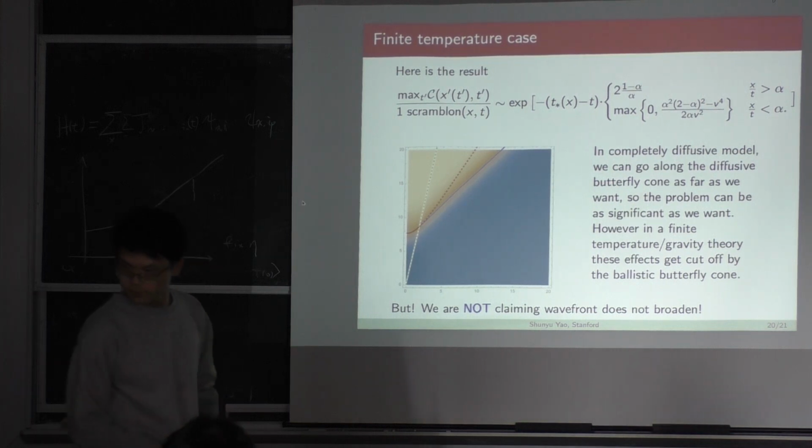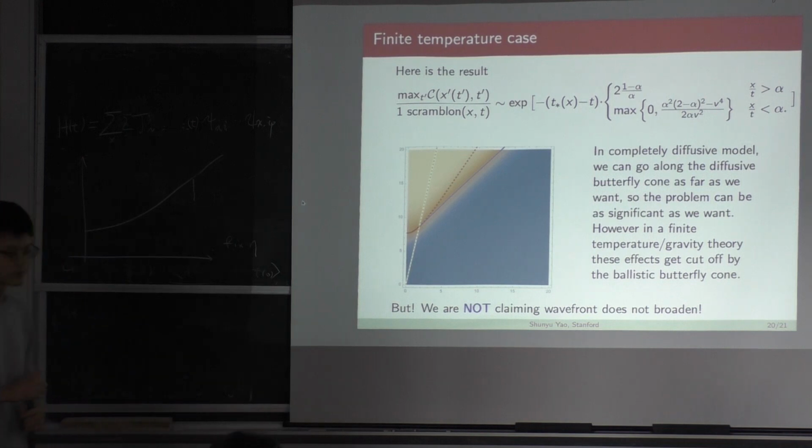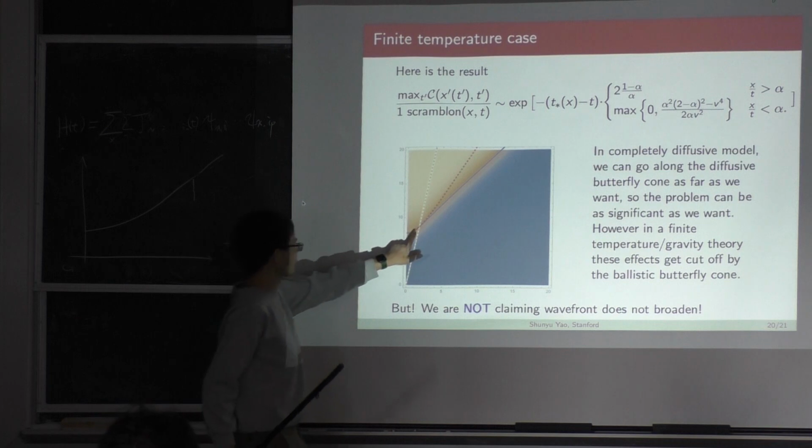Sorry, what's the distance scale where this kicks in? Like if I look at how the wavefront is broadening, there's this regime where it changes, right? Like this transition. Is it the string length?